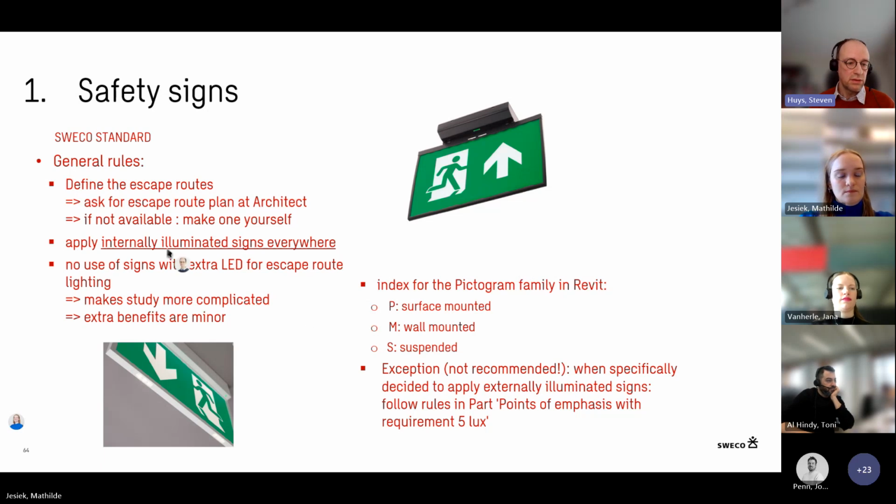So as Mathilde already said, we think it's more convenient to use internally illuminated safety signs everywhere.